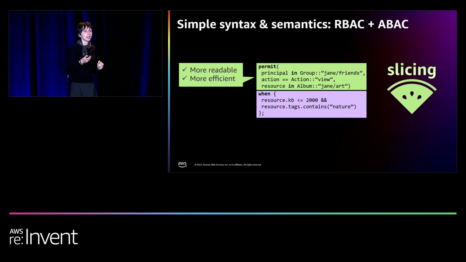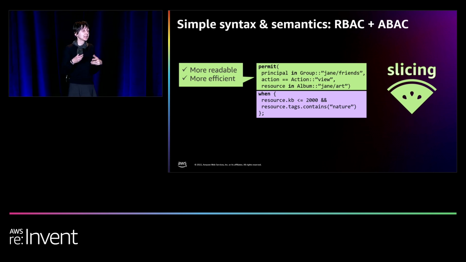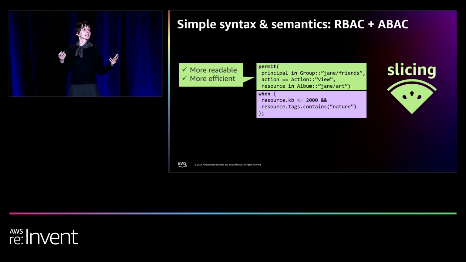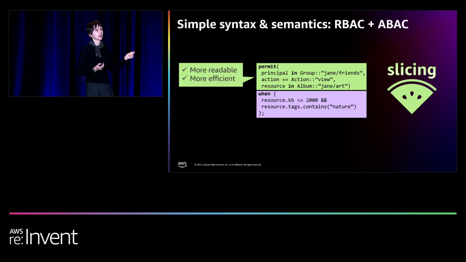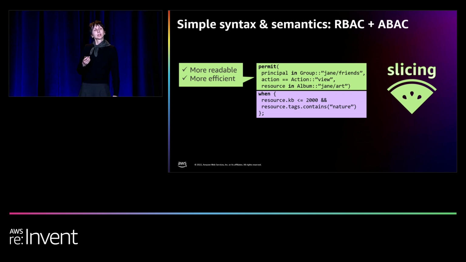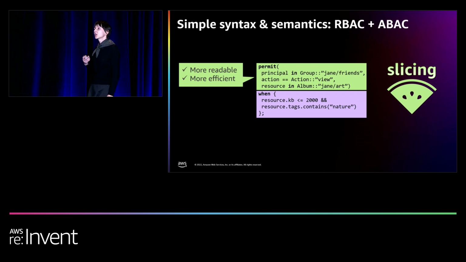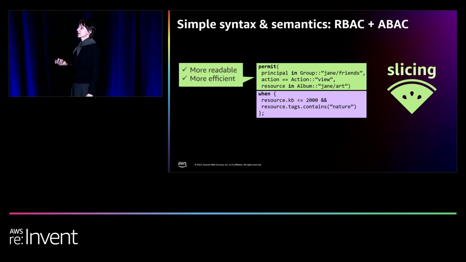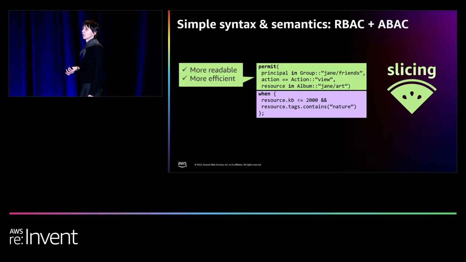So what we do under the hood is we use the head of the policy to create indexes, which allow us to quickly compute the policy slices and make fast authorization decisions. So the syntax is designed so that it nudges you toward writing policies that are more readable and more performant.